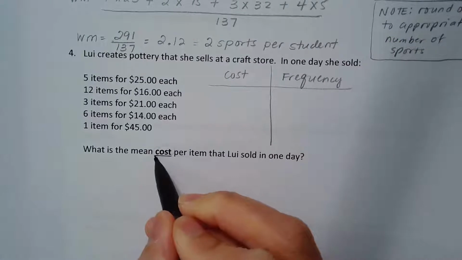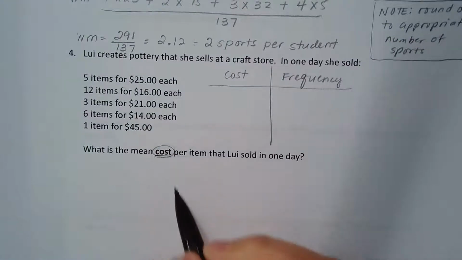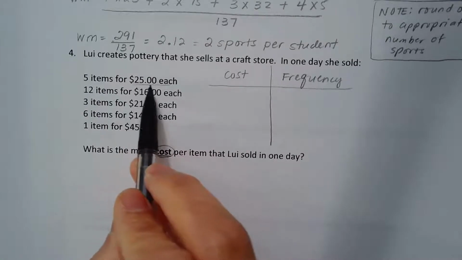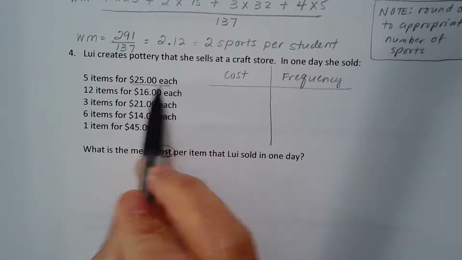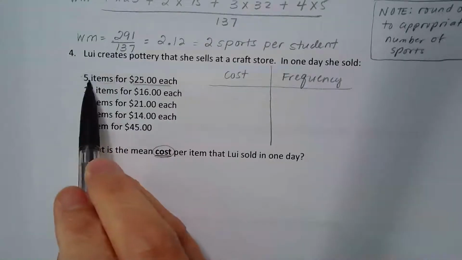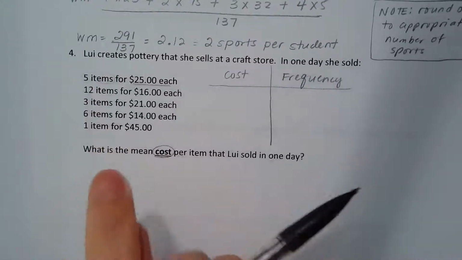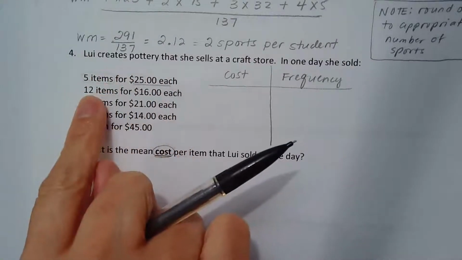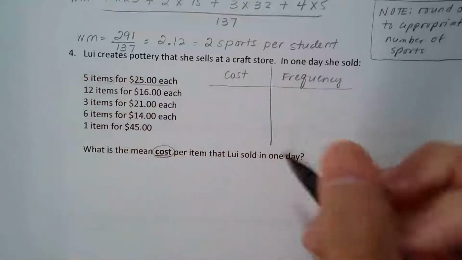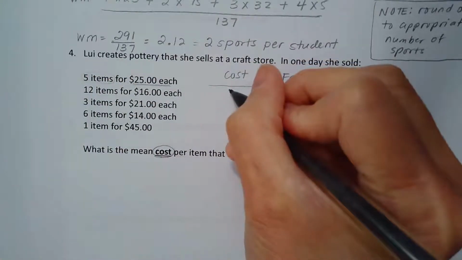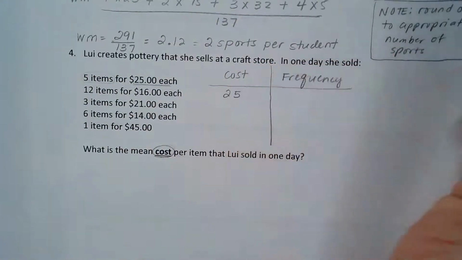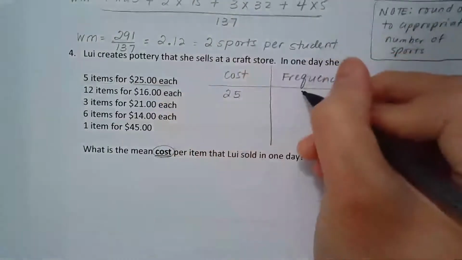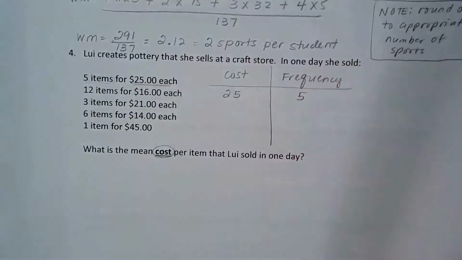What we're really calculating is the mean cost. So the cost, that's our score, and how many items are sold, that's the frequency. It might look like the way it's presented in here, it's backwards, right? So mean cost, the cost is $25, and how many are sold for 25 bucks? Frequency 5.